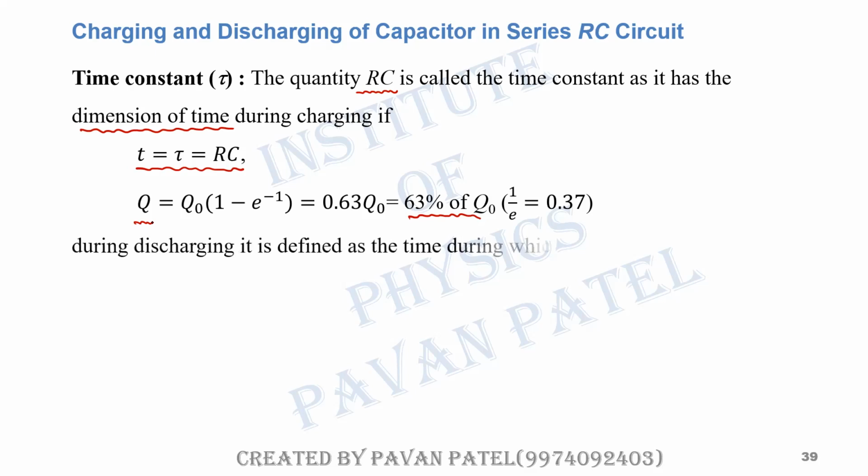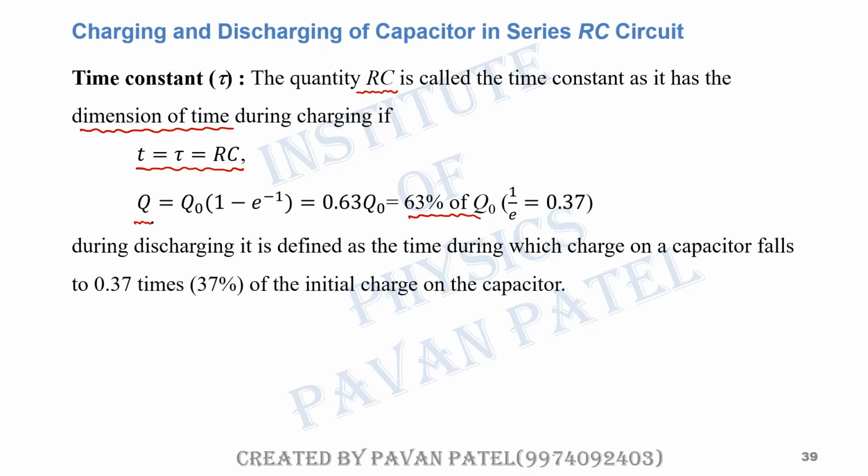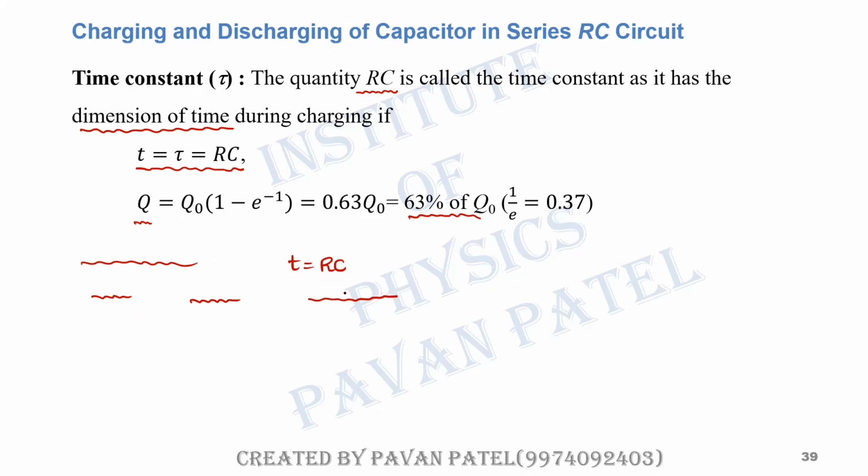During the discharging, it is defined as the time during which the charge on the capacitor falls to 37 percent, which is 0.37 times. So during the discharging process, when t = RC, the charge on the capacitor will be 0.37 times, that is 37 percent of the initial charge on the capacitor, right?